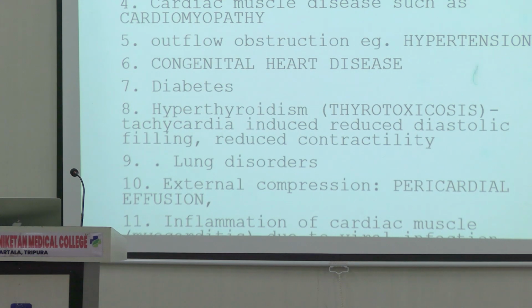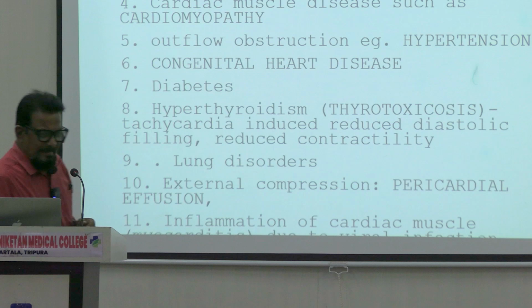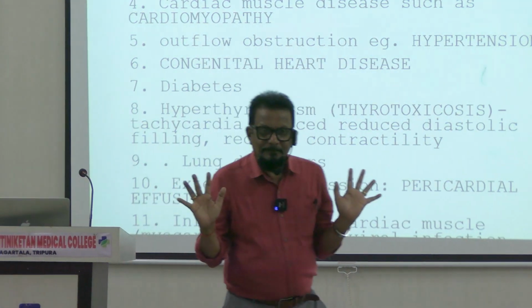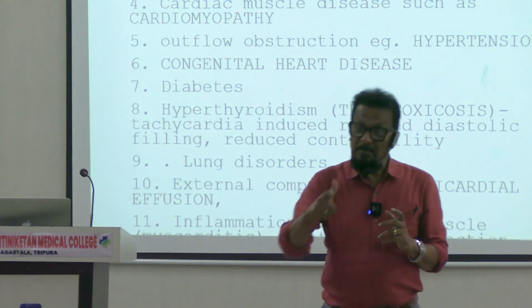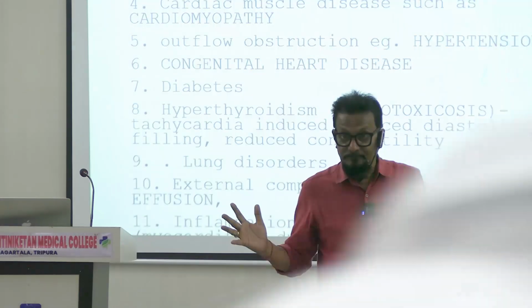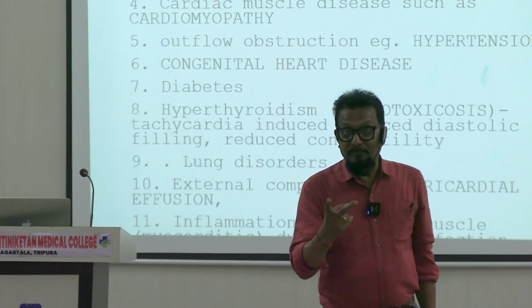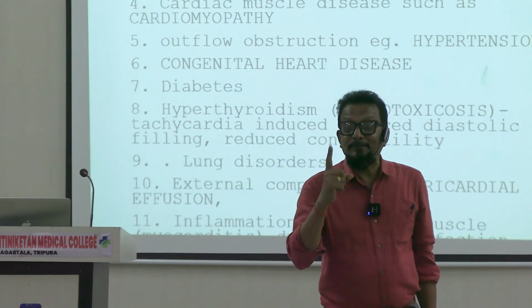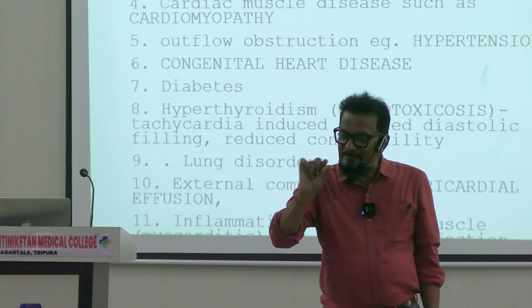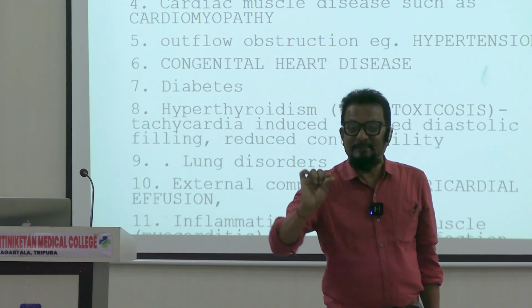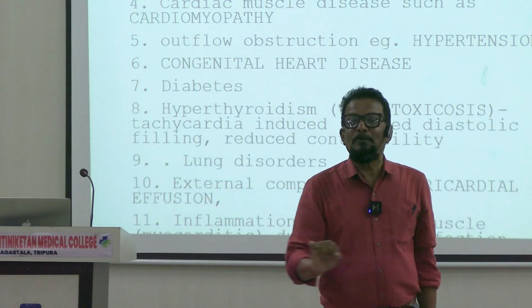Arrhythmia, I already told you, is another important factor. Cardiomyopathy. A big-hearted man, it is not always good. Big-hearted can also be a pathologic heart. Here the wall of the heart is very thin. It is called cardiomyopathy.